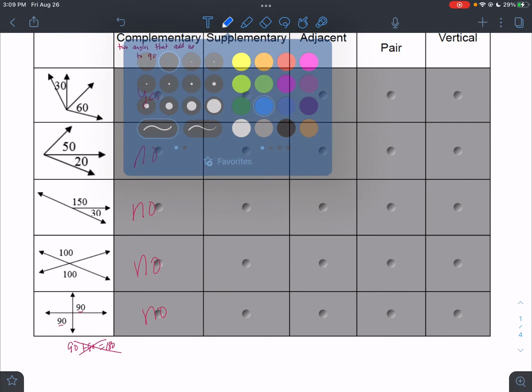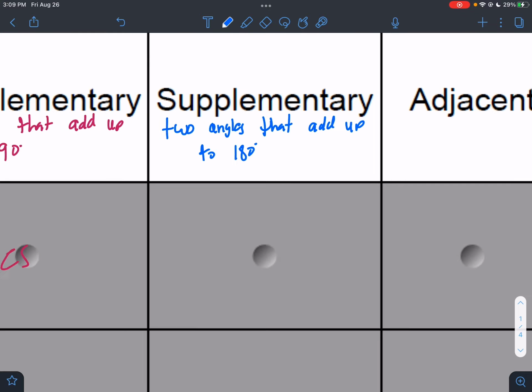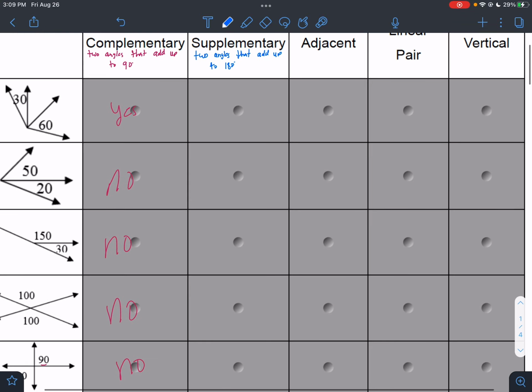All right. Supplementary angles. Those are two angles that add up, that's important phrasing there, to 180 degrees. Don't say two angles that are 180 degrees. That to me means two 180 degree angles. No. They have to be two angles that add up to 180 degrees.